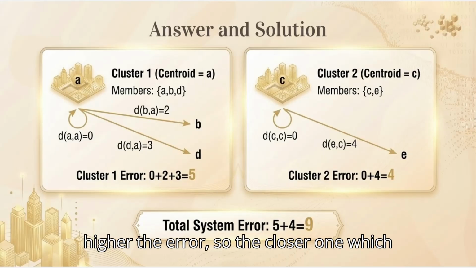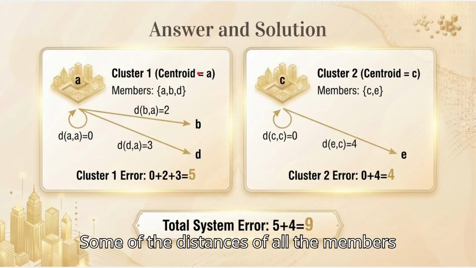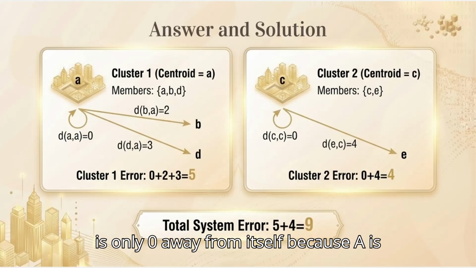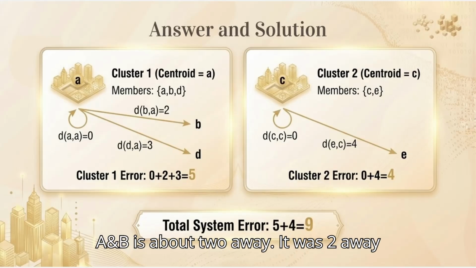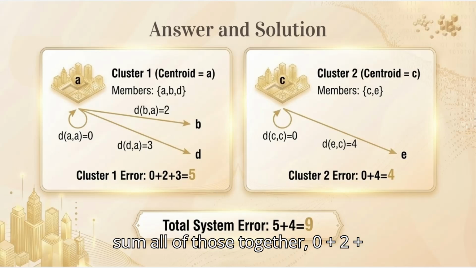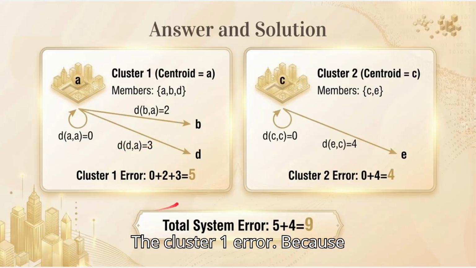So for cluster 1, which was centered on A, we sum all the distances of all the members A, B, and D to the leader A. A is 0 away from itself because A is A, B was 2 away from A, and D was 3 away from A. So you sum all of those together, 0 plus 2 plus 3, and you get 5. That's the cluster 1 error.